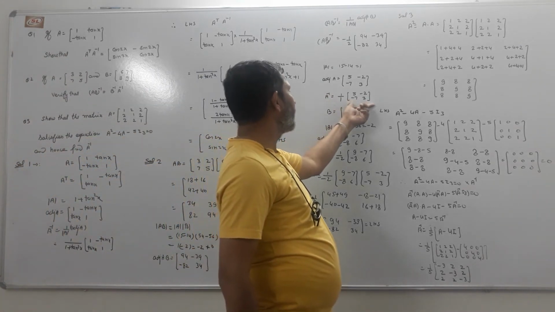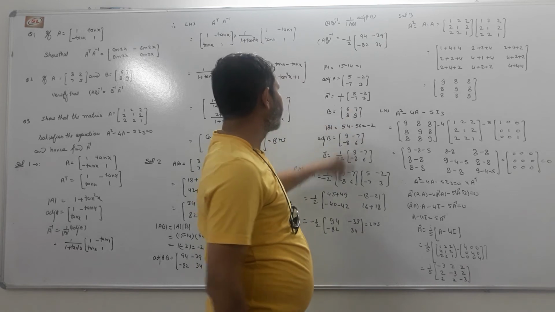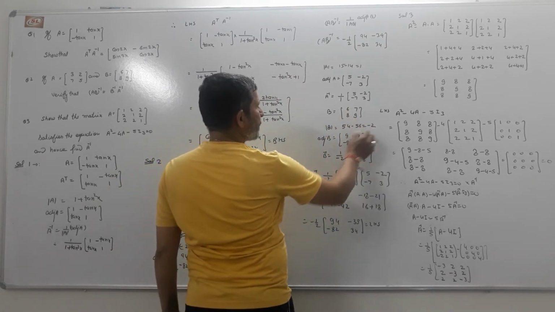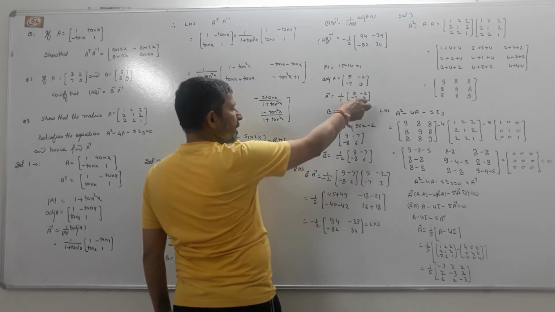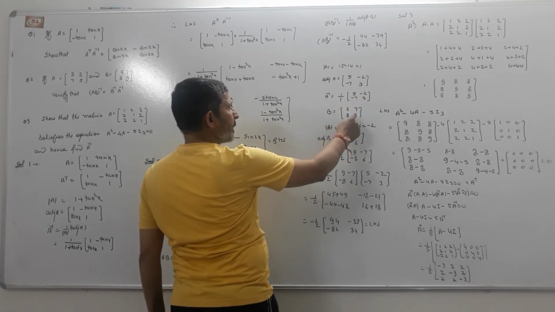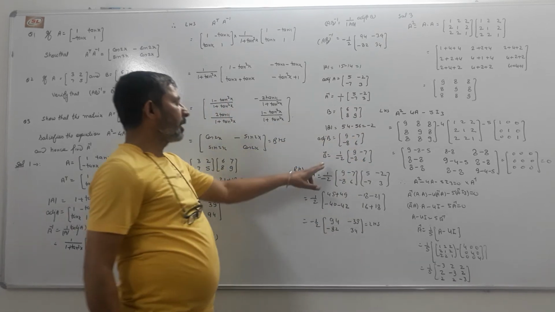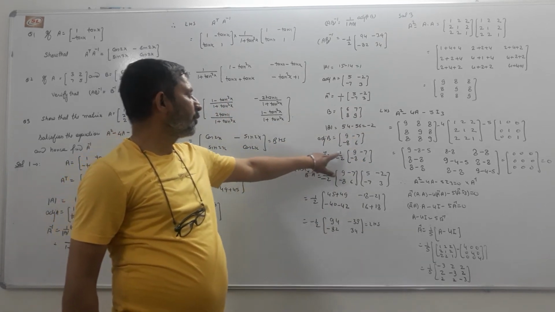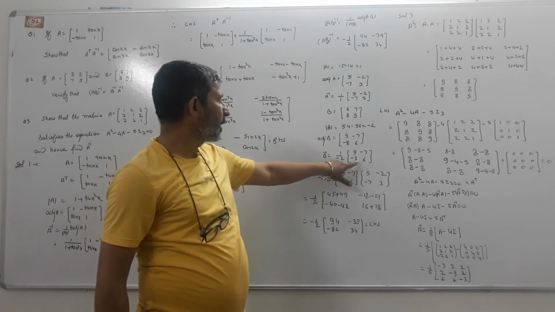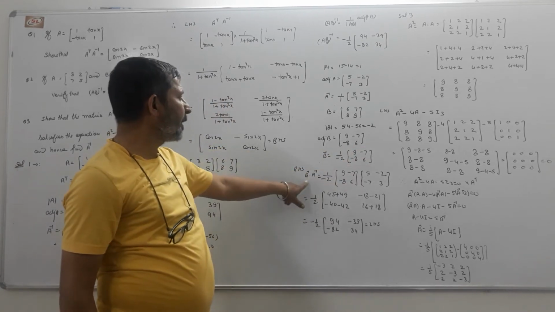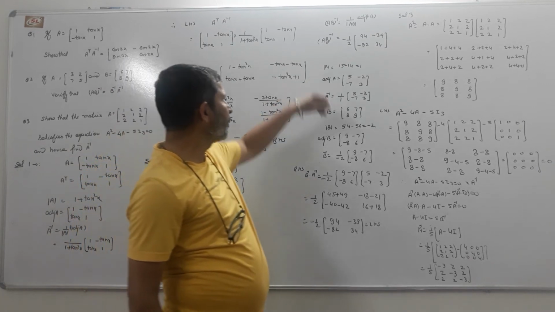So what about A inverse? Similarly we find A inverse. Similarly B is this matrix. Determinant of B is 54 minus 56, that is minus 2. For the adjoint of B, we interchange the diagonal elements and change the sign of the non-diagonal elements. Then B inverse equals 1 upon minus 2 into adjoint of B. Then after this we find B inverse into A inverse.